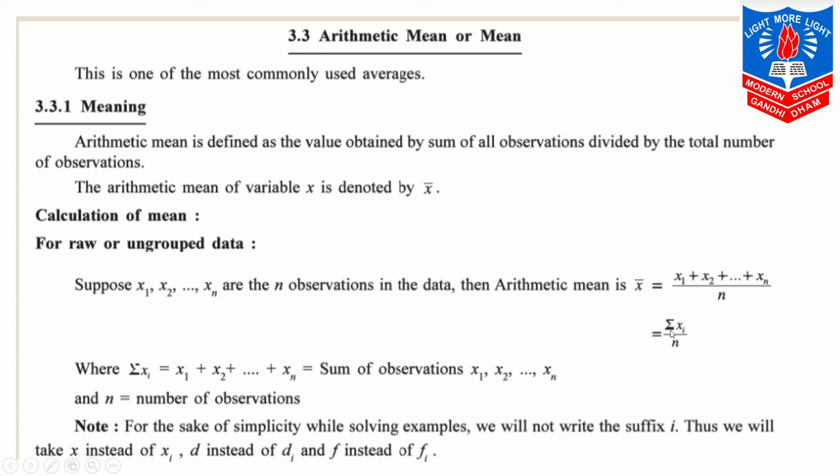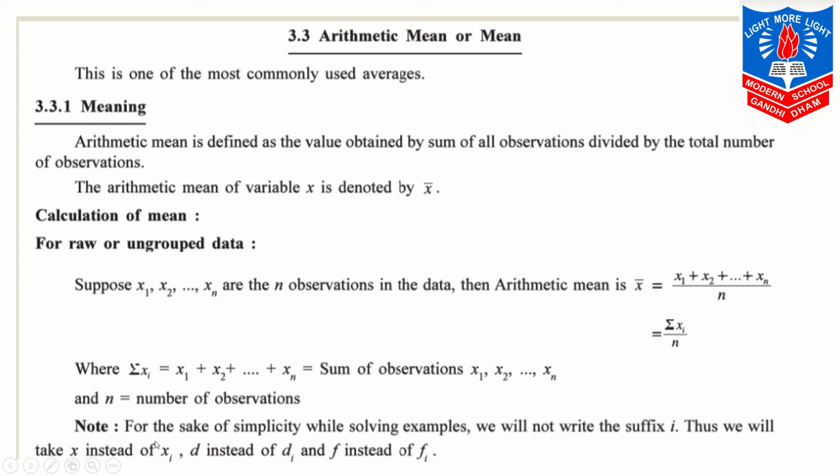Yes, this is the symbol of sigma. You all know the total. Now sigma xi, over here, equals x1 plus x2 plus till plus xn, which equals the sum of observations x1, x2 till xn, and n is the number of observations.